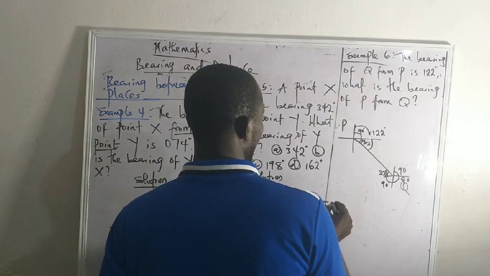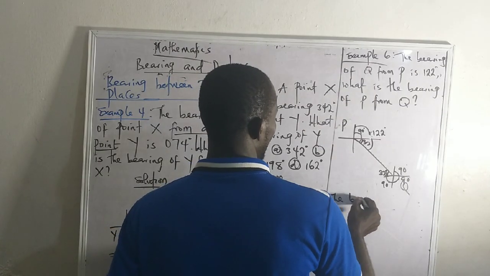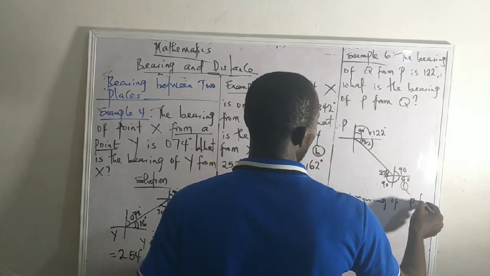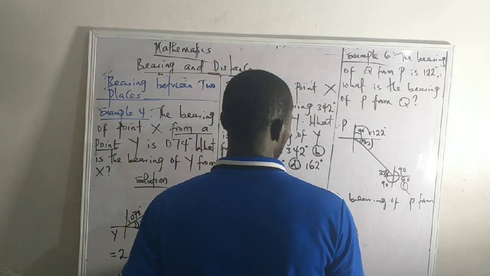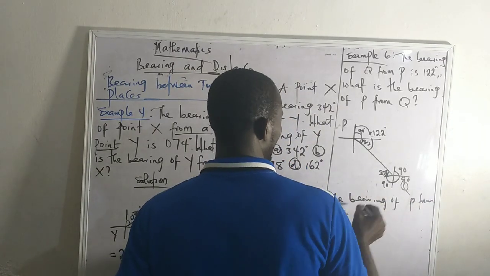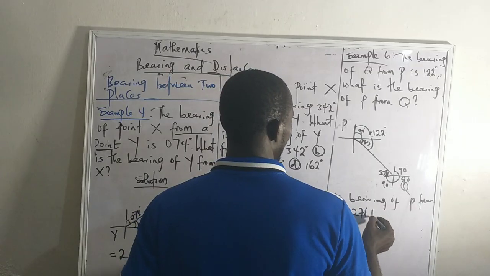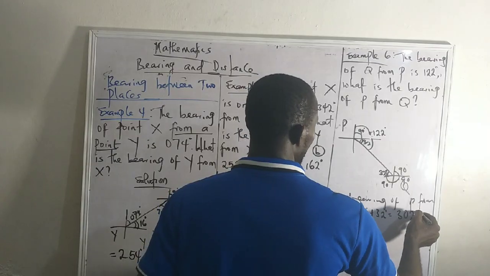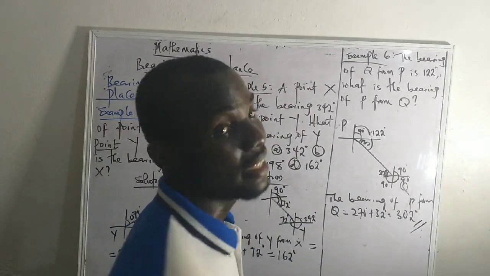So I can say that the bearing of P from Q equals 270 degrees plus 32 degrees, and that is 302 degrees. And that is the answer.